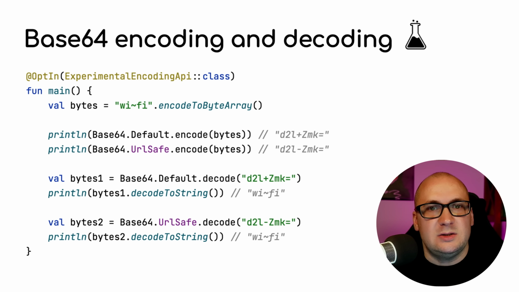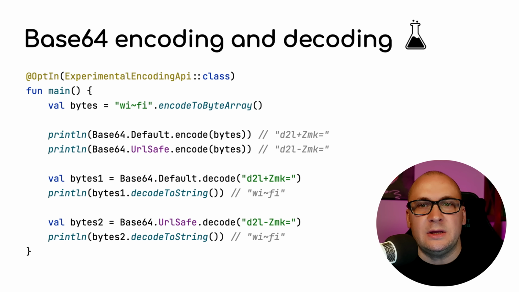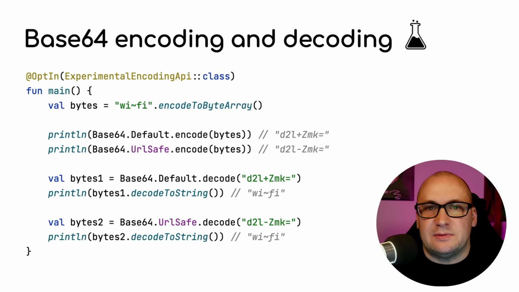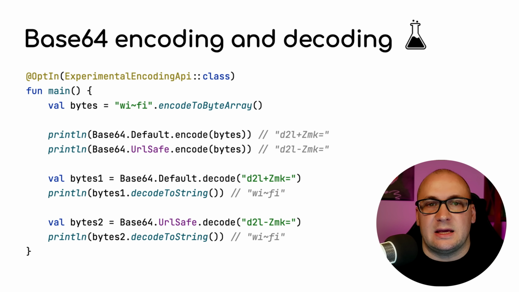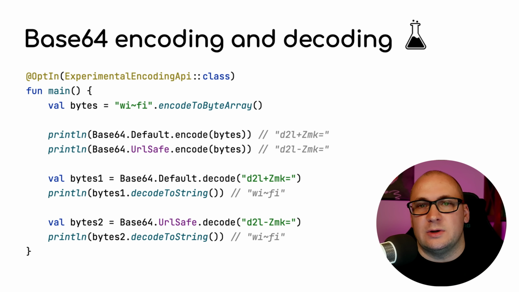In this new release, we also added support for Base64 encoding and decoding. We provide three class instances that each use different encoding schemes and have different behaviors. For the standard Base64 encoding scheme, use the Base64 Default instance. The URL-safe instance can be used for the URL and filename safe encoding scheme.